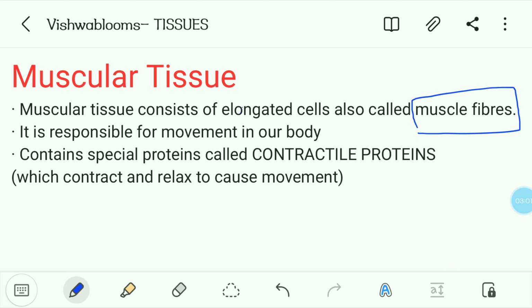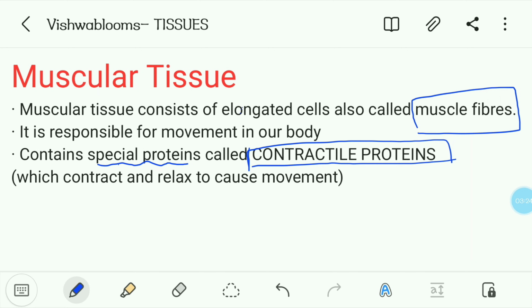Muscular tissue contains some special proteins which are called contractile proteins. What do these proteins do? They contract and relax to cause movement.